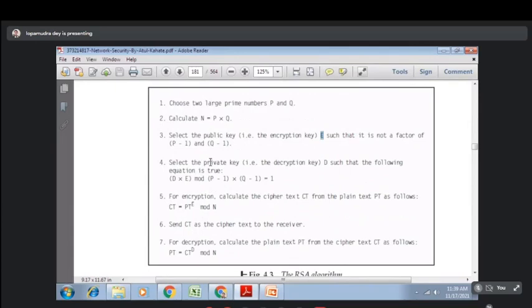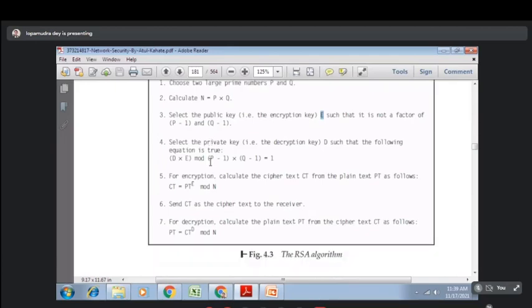After that, you need to do the encryption with the help of the encryption key, and the receiver will do the decryption with the help of the decryption key. For encryption, suppose PT is your plain text. Then PT to the power E mod N, where N equal to P into Q, generates the ciphertext.